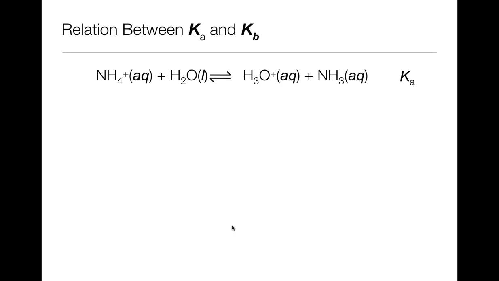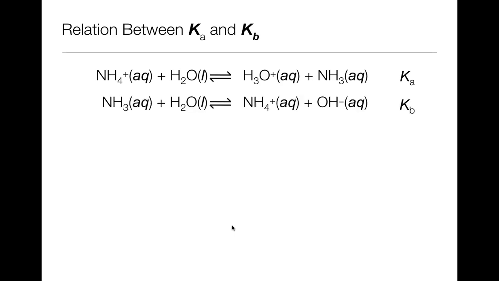That reaction is in equilibrium. We also have the reverse direction, where ammonia accepts a proton from water, becoming ammonium and producing the hydroxide anion, and that's described by Kb. They're just the mirror image of each other.